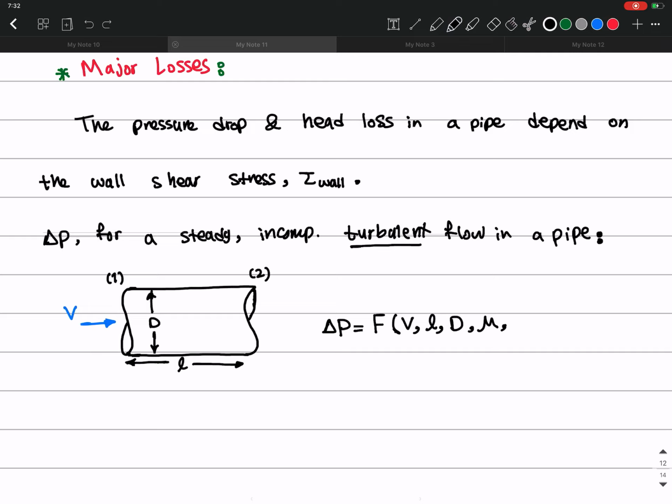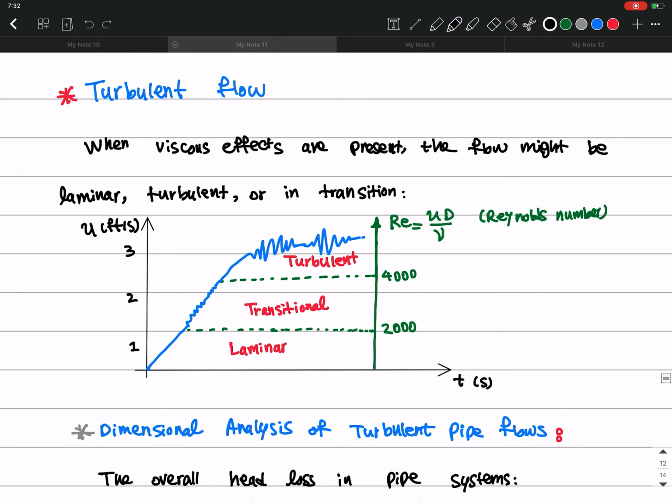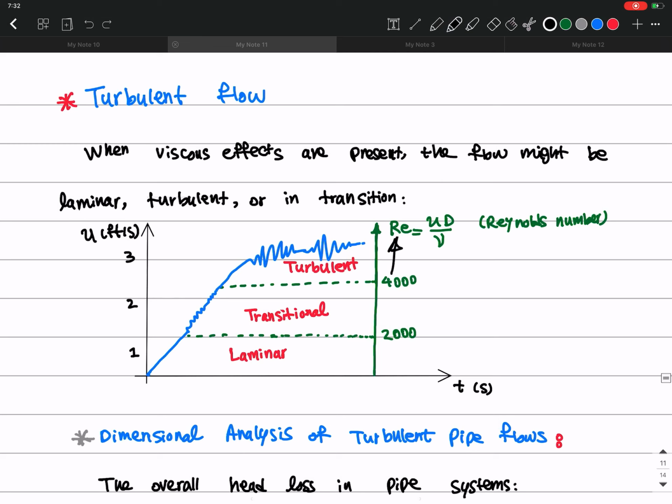In turbulence, there are two more things that are important. One is the inertia, because the inertia of the fluid is going to increase, right? If you remember, the Reynolds number we had here shows the ratio between the inertia force and viscous force.